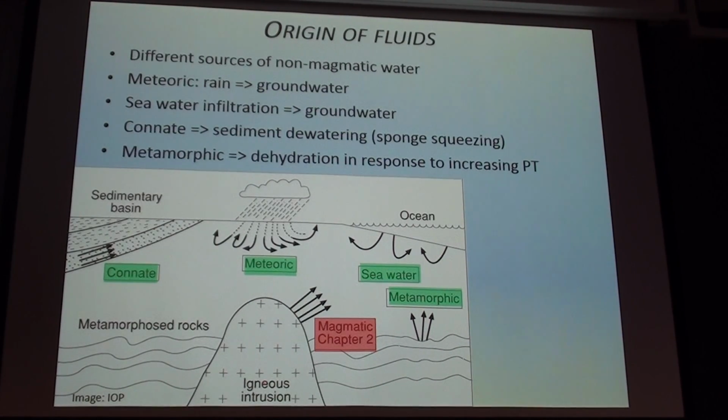Connate fluids, which I mentioned in the first lecture with the example of the liquefaction in Christchurch, where we have water within porous sediments being squeezed out. And metamorphic fluids, which derive from dehydration in response to increasing pressure and temperature when we break down certain mineral assemblages.